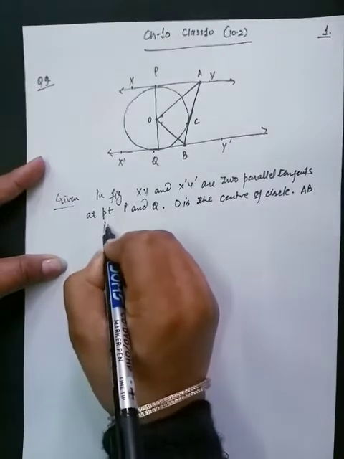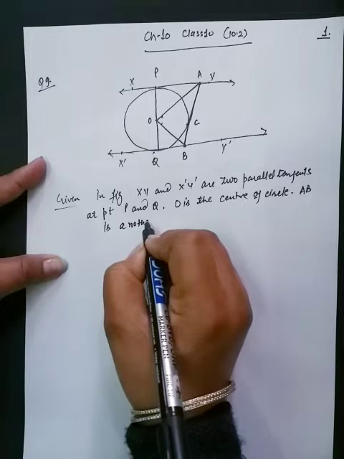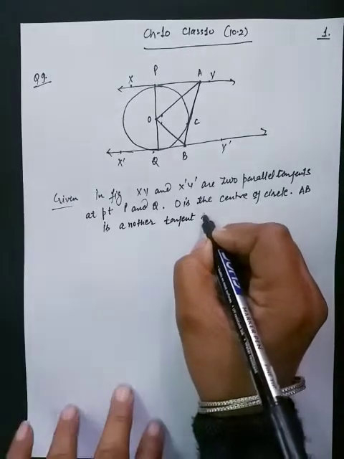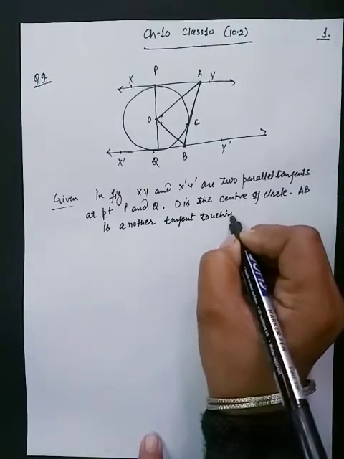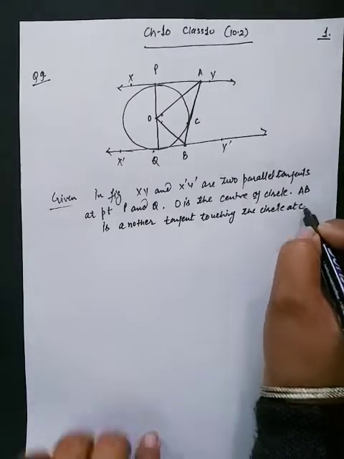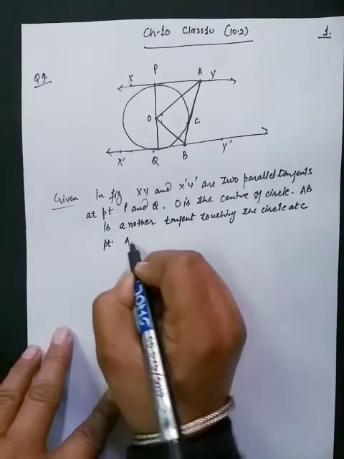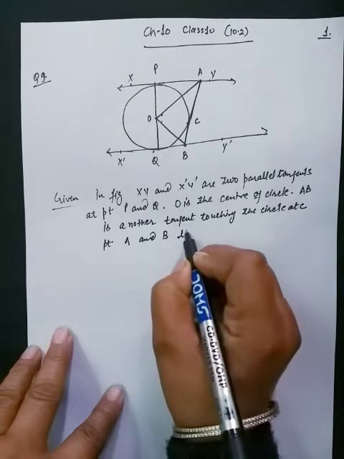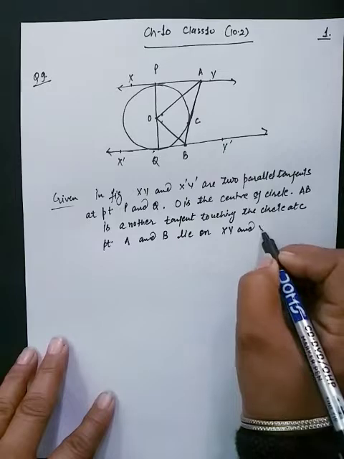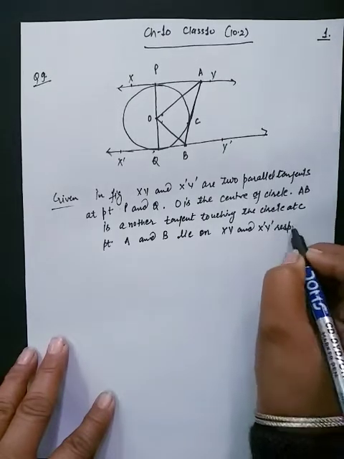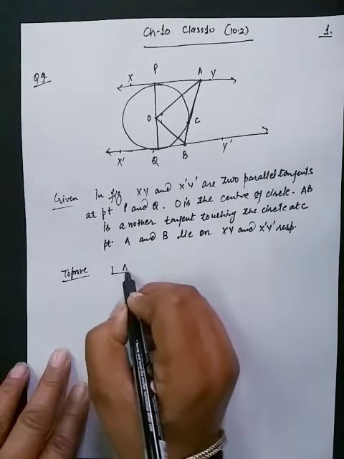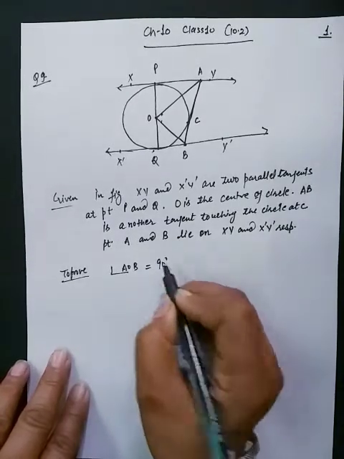AB is another tangent touching the circle at C. Points A and B lie on XY and X'Y' respectively, and we have to prove angle AOB is equal to 90 degrees.